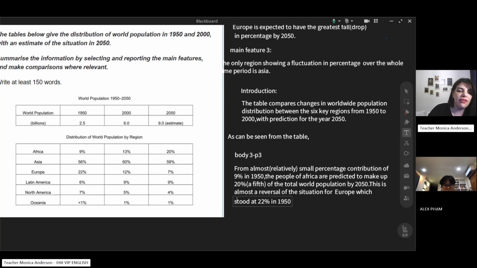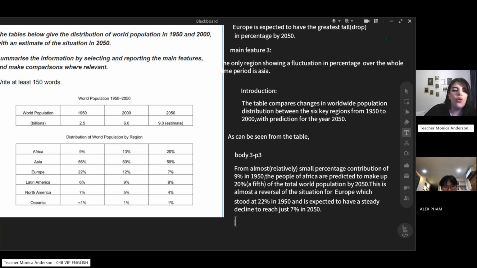in 1950 and is expected to, for example, decrease, to have a steady decline to, for example, reach just 7% in 2050.